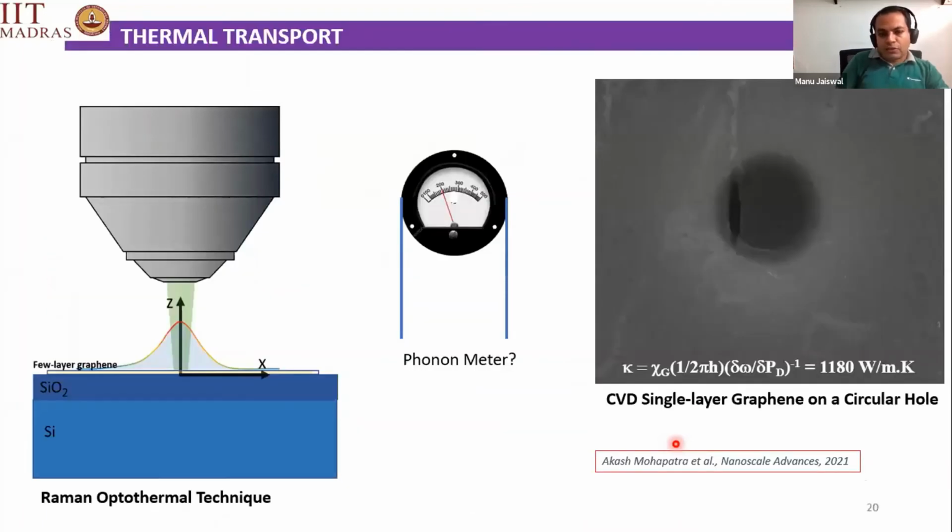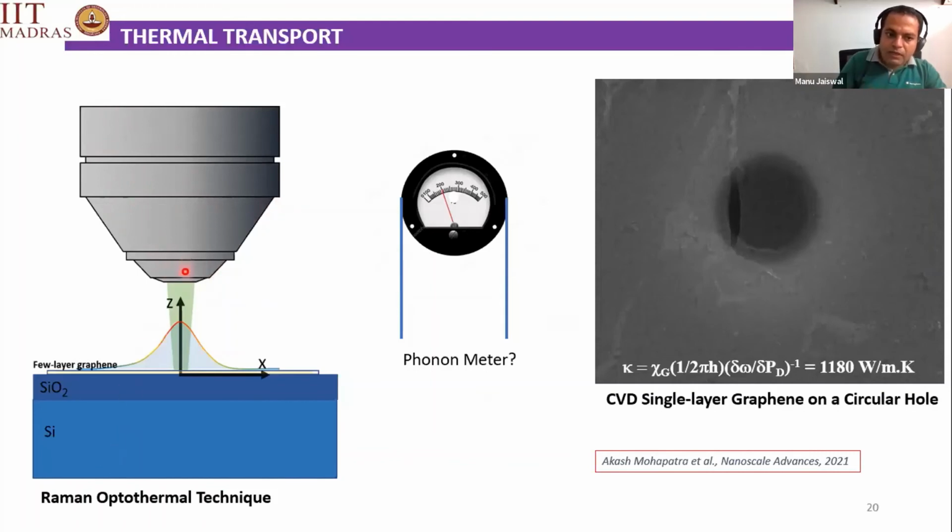The last thing I will show is thermal transport. And unfortunately, we don't have any phonon meters. You can measure the electron transport easily by having an electrometer. Phonon transport has to be interpreted, and this experiment typically involves micro Raman spectroscopy.